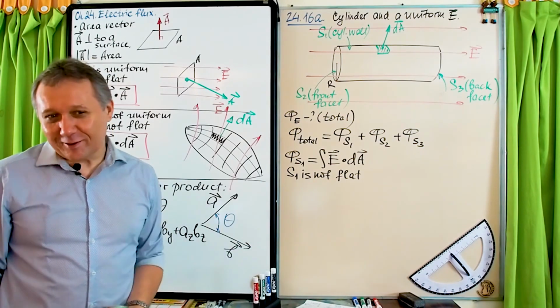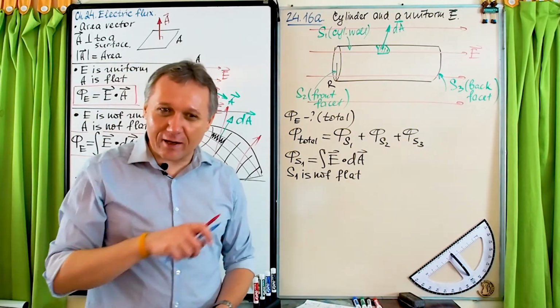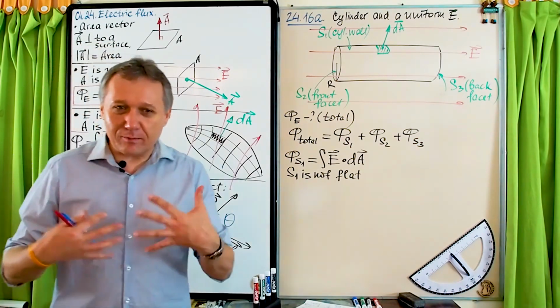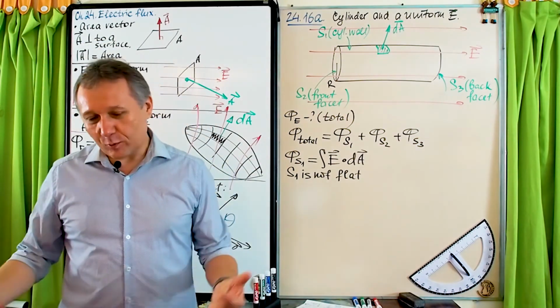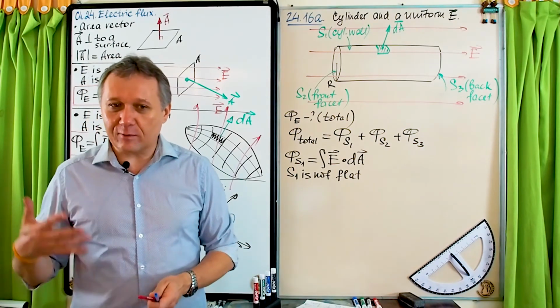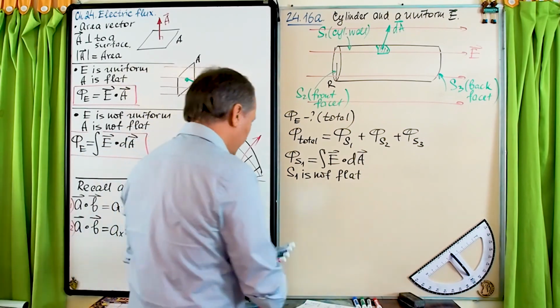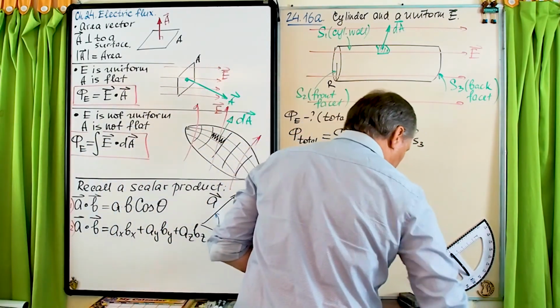That's why we can handle this integral easily, because if you look carefully at the integrand, you will see you're integrating basically zeros. Again, integration is just a fancy word for adding small things. Let me finish this quickly.